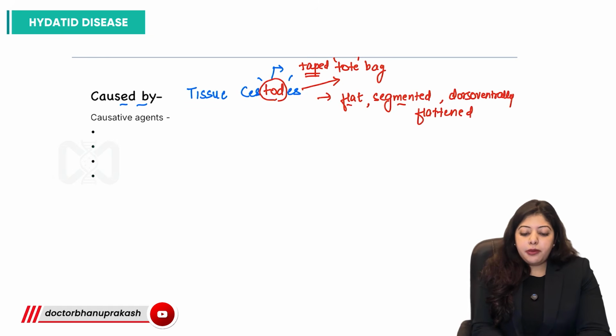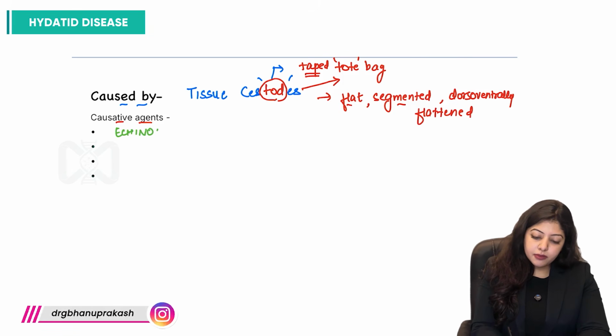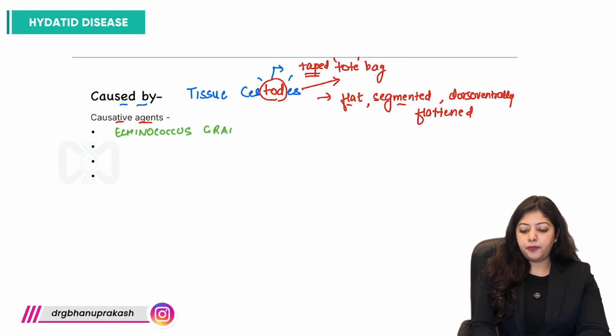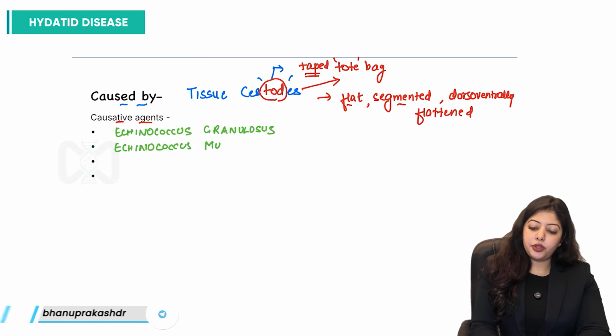Now what are the important causative agents which are responsible for cystic hydatid disease? Firstly, we have Echinococcus granulosus. Another species, Echinococcus multilocularis.